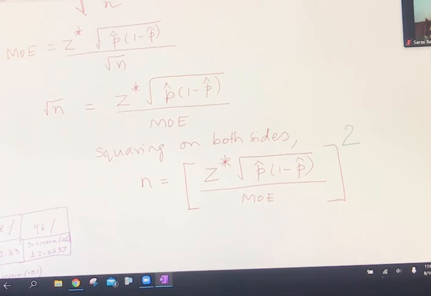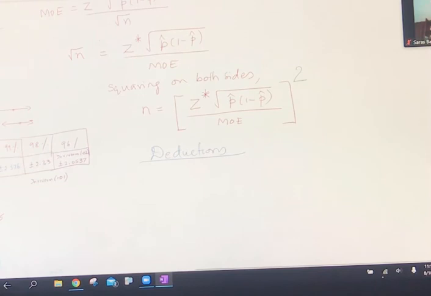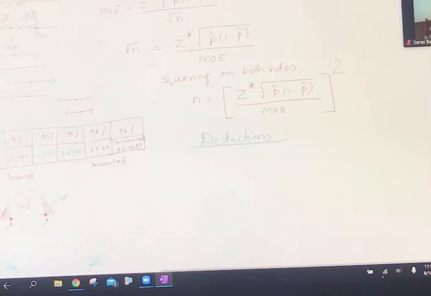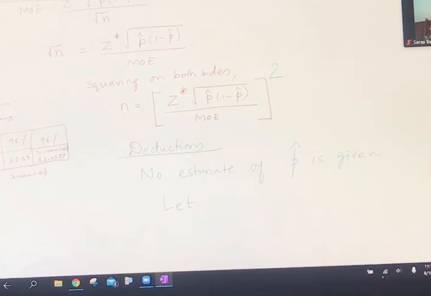Alright, so the next one is the deductions. What are the deductions here? If no estimate of p hat is given, if you are not given the value of p hat, then you are going to assume p hat is equal to 0.5, and the complement, 1 minus p hat, is another 0.5.